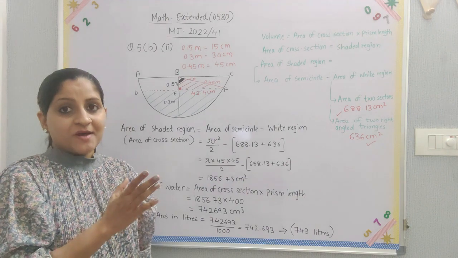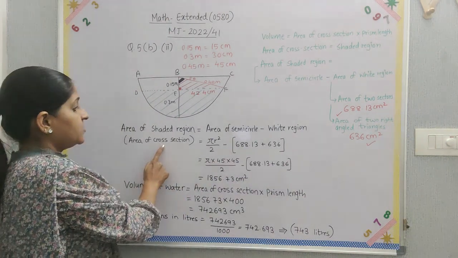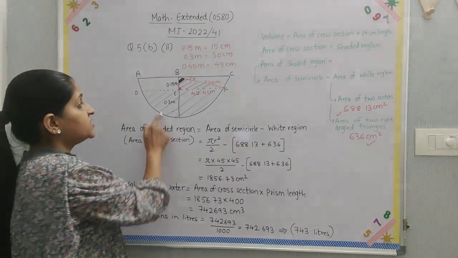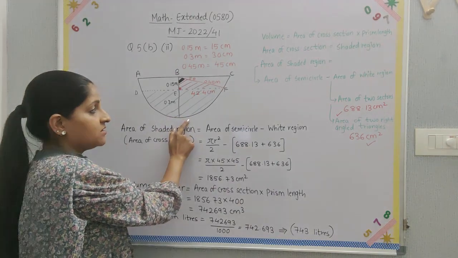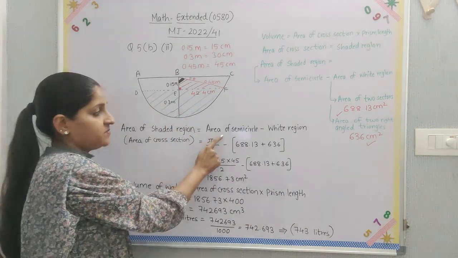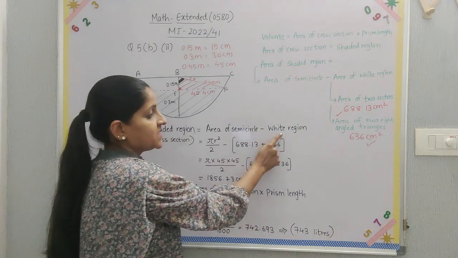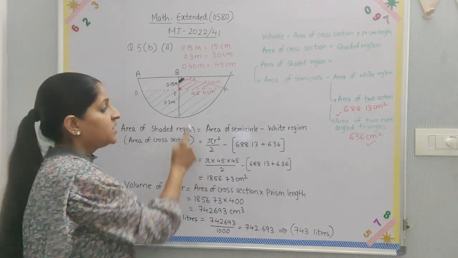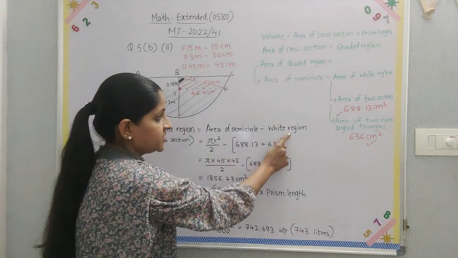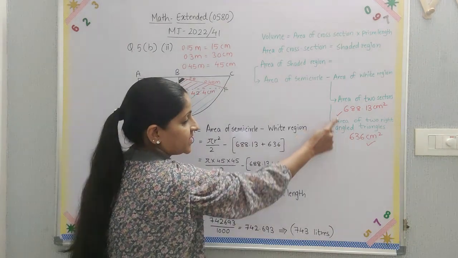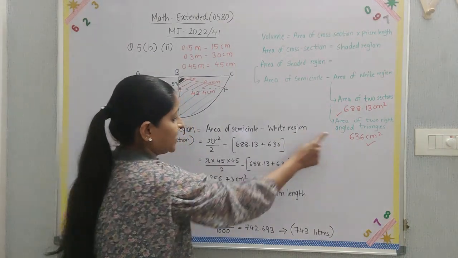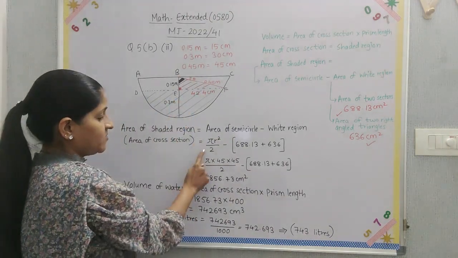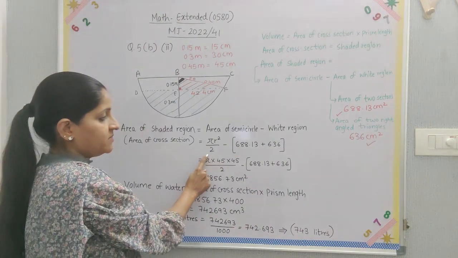In the last and the final part of this sum, we need to work out area of cross section, which is nothing but area of shaded region. Shaded region is this region which I have marked with green color. And how are we obtaining that? By doing area of semicircle minus area of white region, or you can say the top region which was not shaded. Now since we have obtained the area of white region, by adding these two areas, that is area of sector and area of two right angle triangles, area of semicircle, which is the entire semicircle, can be obtained by pi r square divided by 2.